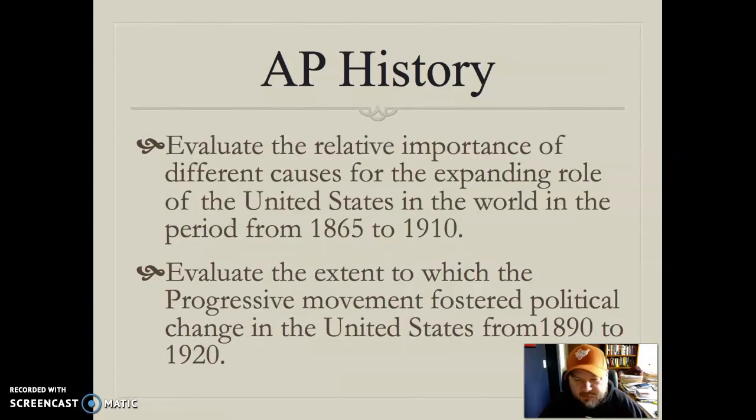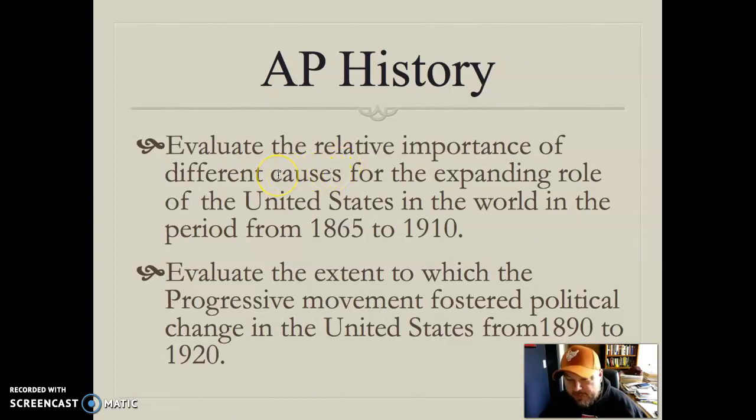Now the next two are a little different. The one you wrote last week about imperialism says evaluate the relative importance of different causes for the expanding role of the United States in the world in the period from 1865 to 1910. Now this is basically telling you that we did have an expanding role in the United States. So there is no debate on if we had an expanded role. They're telling you that we did. What they are asking is what were the causes of that?